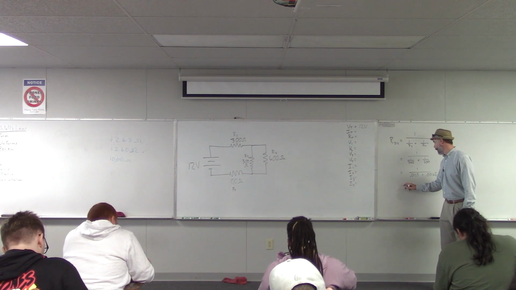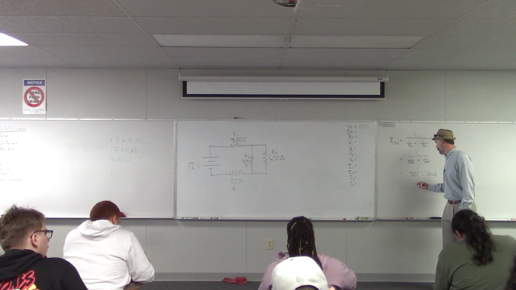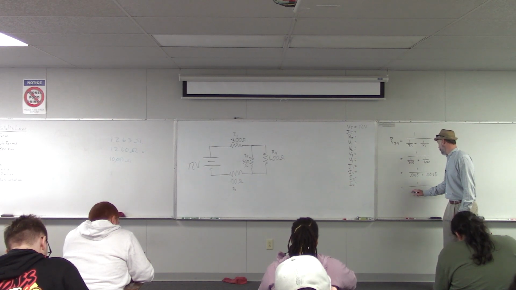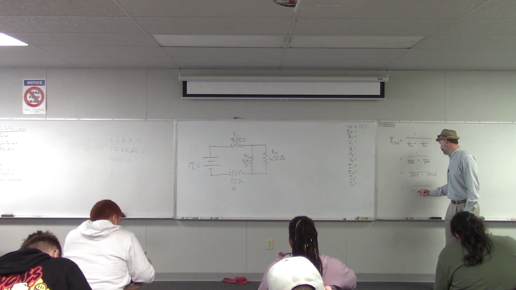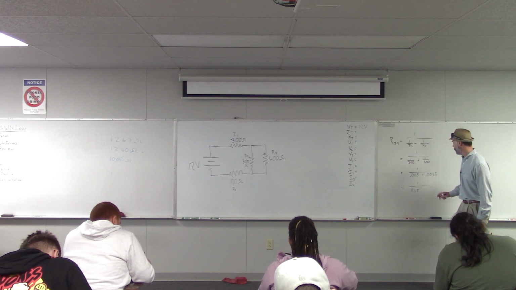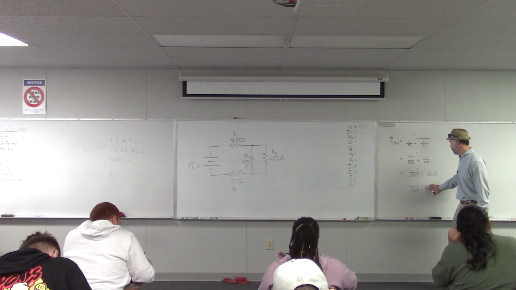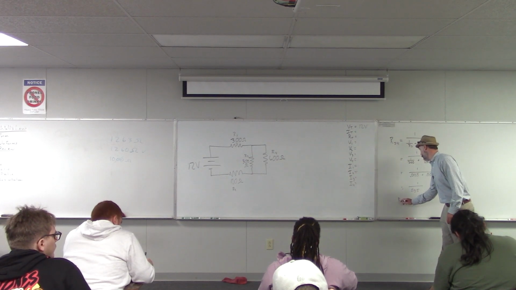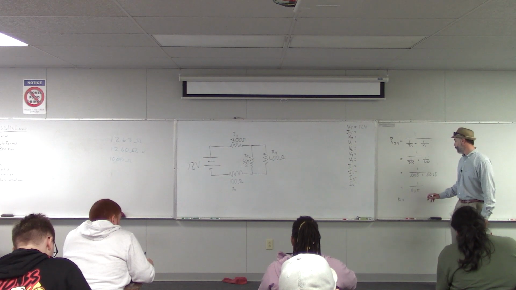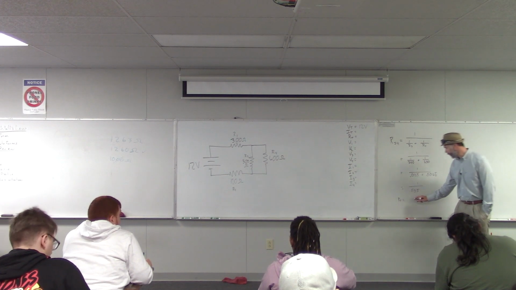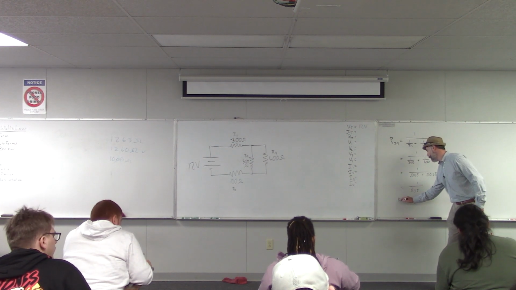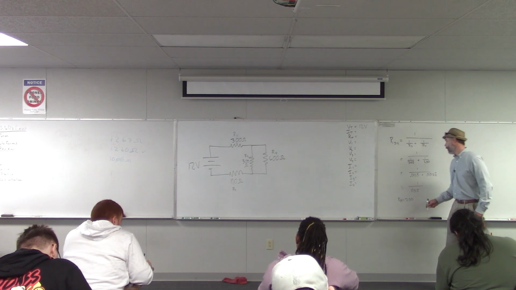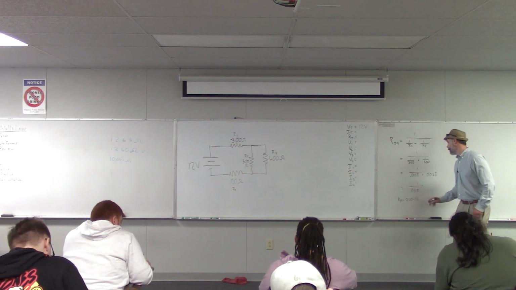If we add those together, that's 1 over 0.005, essentially. So then what is 1 over 0.005? 200. Sorry, this isn't our total, it's R34. So R34 is 200 ohms.